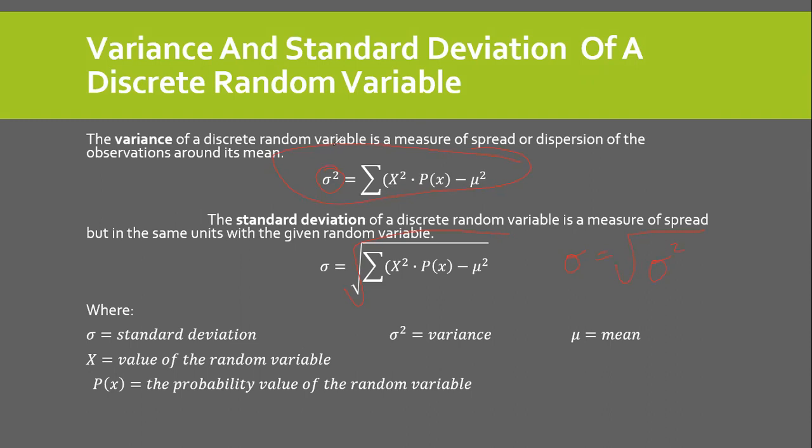Where this notation is the standard deviation, and x is the value of the random variable, p of x is the probability value of the random variable, sigma squared is the variance, and mu is the mean. Okay, let's proceed to the next one.